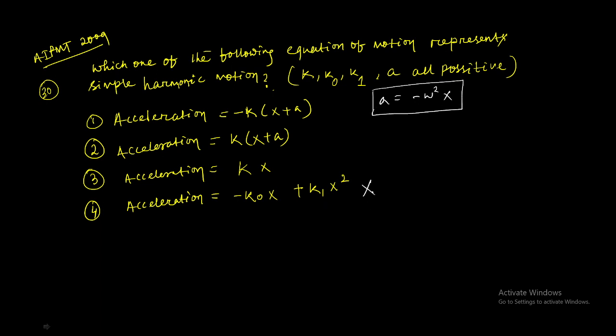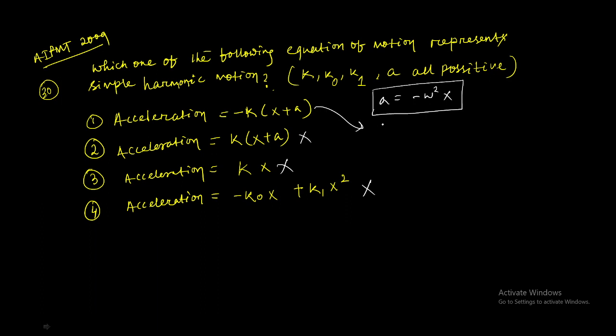So this cannot be possible because x square term is there. This is also not possible because there is no negative sign, and kx plus a also it is not possible because k is given as positive, right? If k is any constant, you can consider it is a negative, but now you cannot consider k is negative because k is already given as positive, right?